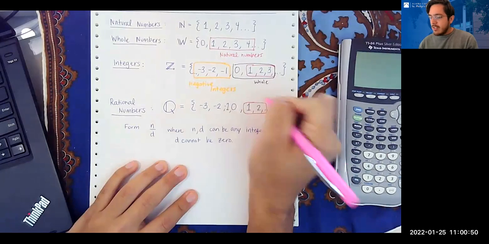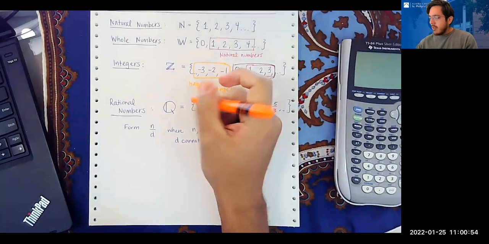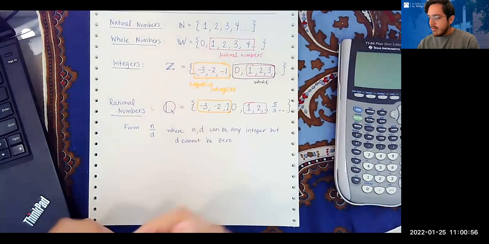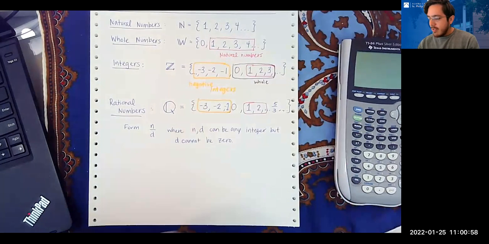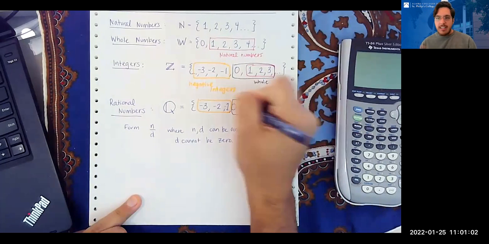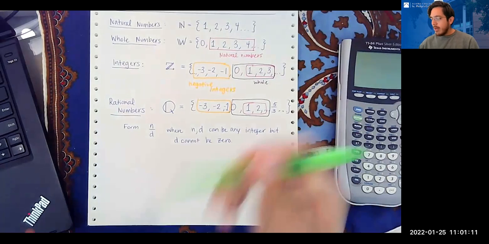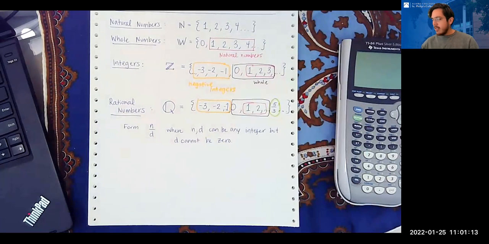All of the negative integers are rational. All of the whole numbers are rational. And then everything else that clearly looks like a fraction, like 5/3 over here, something that can be written as one number over another number, those are rational. Okay. Anything that can't be written as a fraction.